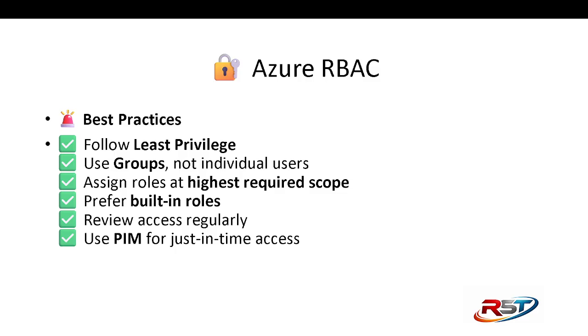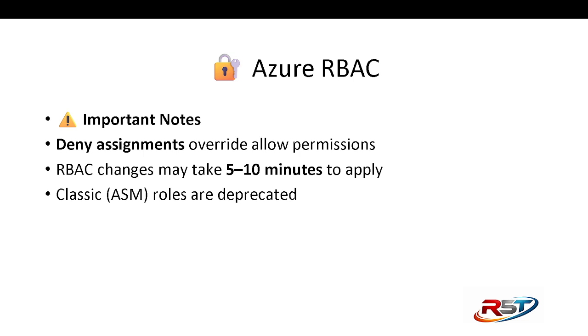These are the best practices in Azure RBAC, role-based access control. Important notes: deny assignments override allow permissions. Suppose you want only specific permissions for some users, don't apply at management group level. If you apply at management group level, it will apply to all the resources under the management group.